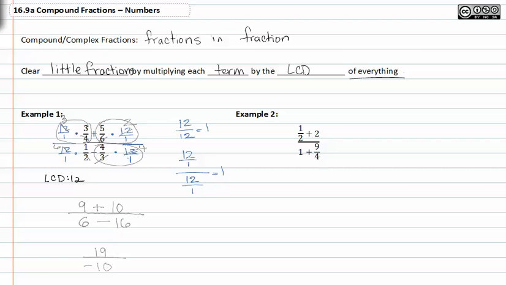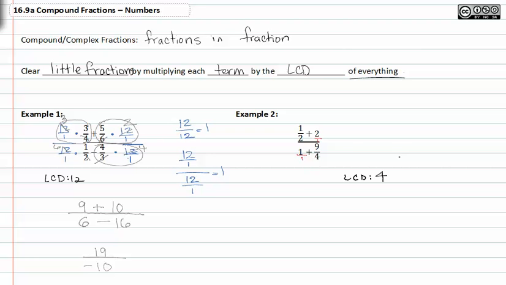Now that you understand where these fractions are coming from and how you can multiply through and the denominators divide out, I'm not going to write it over 1 anymore. I'm just going to find the LCD, understand that the whole numbers are over 1, and my LCD in this problem is 4.